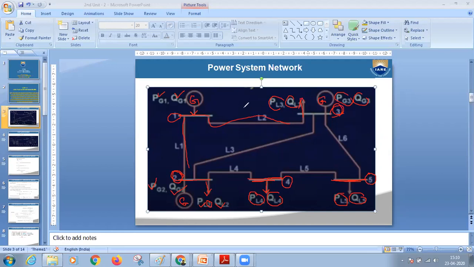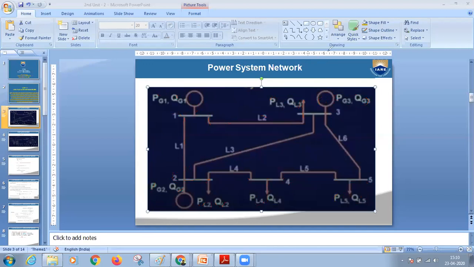This is the power system network, and it has 5 buses. Every bus is connected with either a generator or a load. The generator delivers both reactive and active power into the bus, and the load takes the power from the bus.